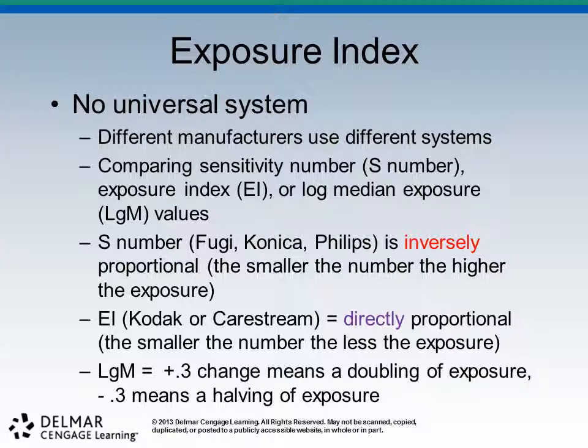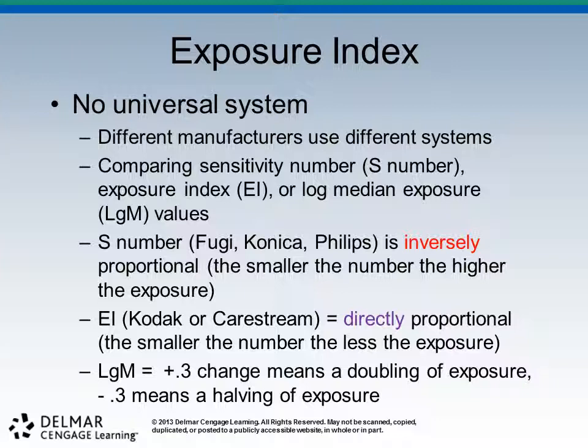And chests tend to be differently numbered than extremities and other things. Sometimes they'll have an index number that is just for chests, and then everything else. Let's not get too bogged down in that. I did tell you guys yesterday I wanted you to find out what your exposure index system is. Hopefully you're doing that today so we can discuss it.